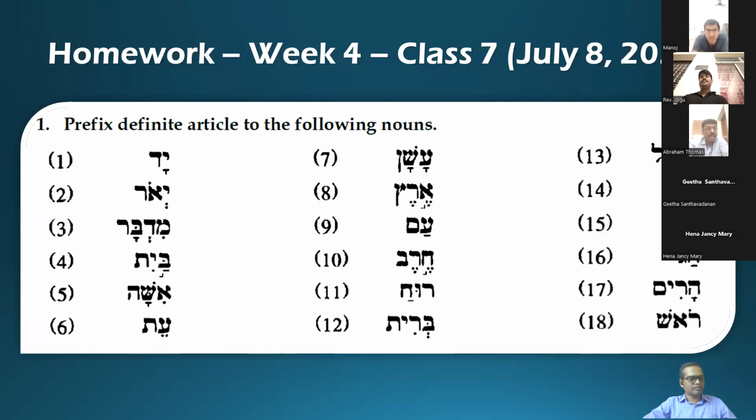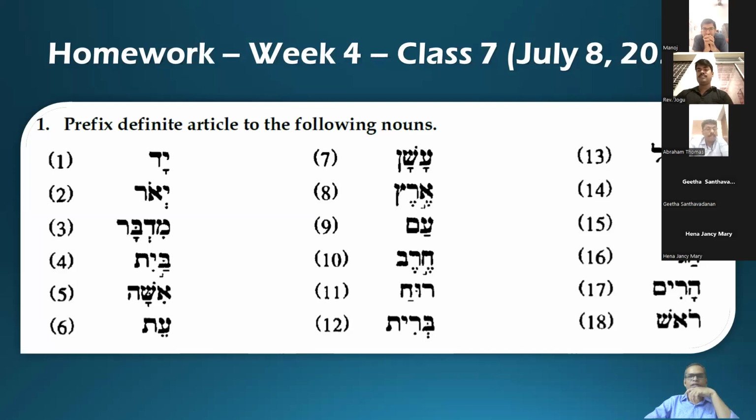14 and 15. Har. Sorry, is it har? A followed by pata. So how will you pronounce? Har. Both the K should be pronounced, right? Okay. Number 15. Gan. Gan.